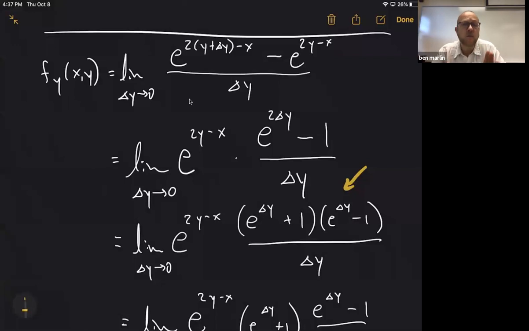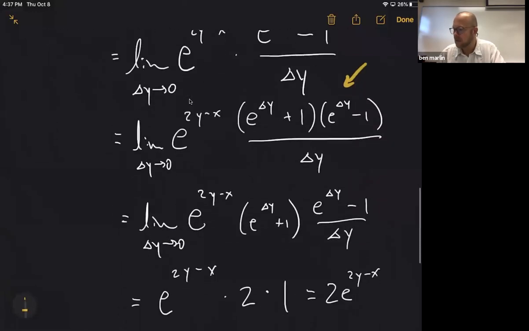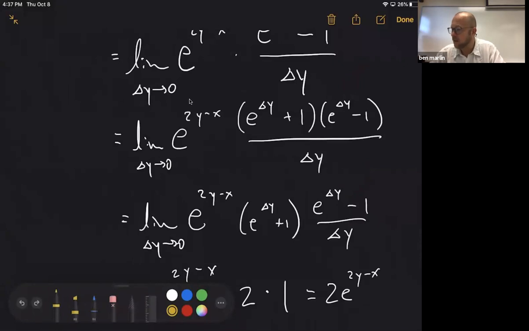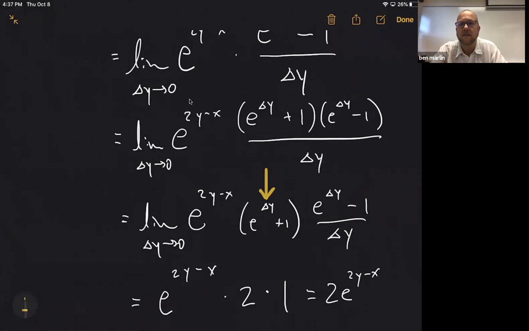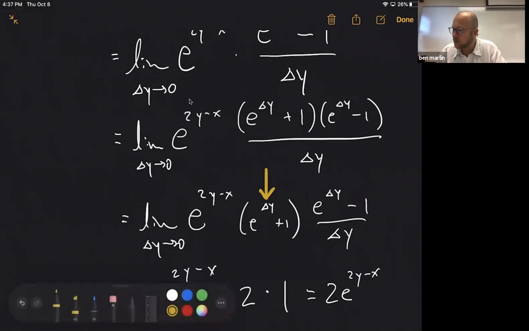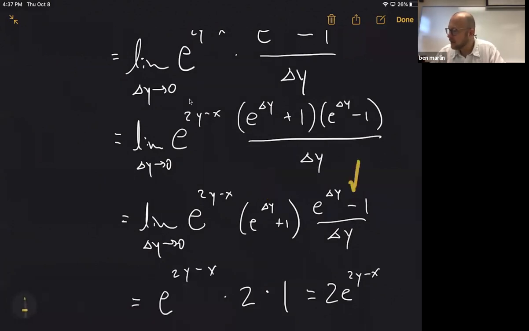Again, I knew what the answer was going to be, so I was taking the steps to get it where I needed it, because I know from having done these before, I need to end up with a 2 down here. And I'm going to make that happen with the e to the delta y plus 1. And I also need an e to the delta y minus 1 over delta y.